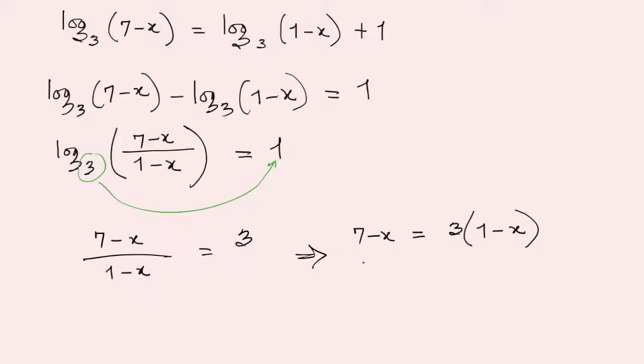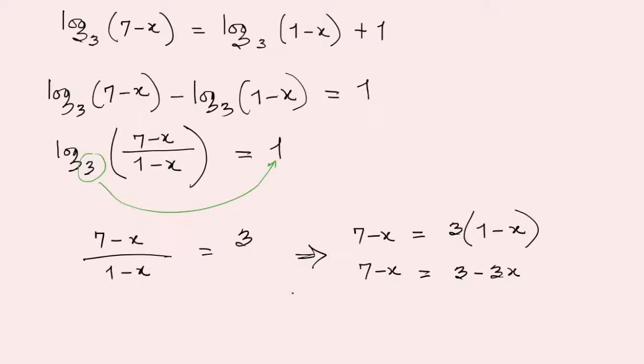So this becomes 7 minus x equals, if we expand this, 3 times 1 is equal to 3, and 3 multiplied by minus x is equal to minus 3x. So we have to make x the subject. If we subtract 7 from both sides and add 3x to both sides, let's just do that explicitly so it's not confusing.